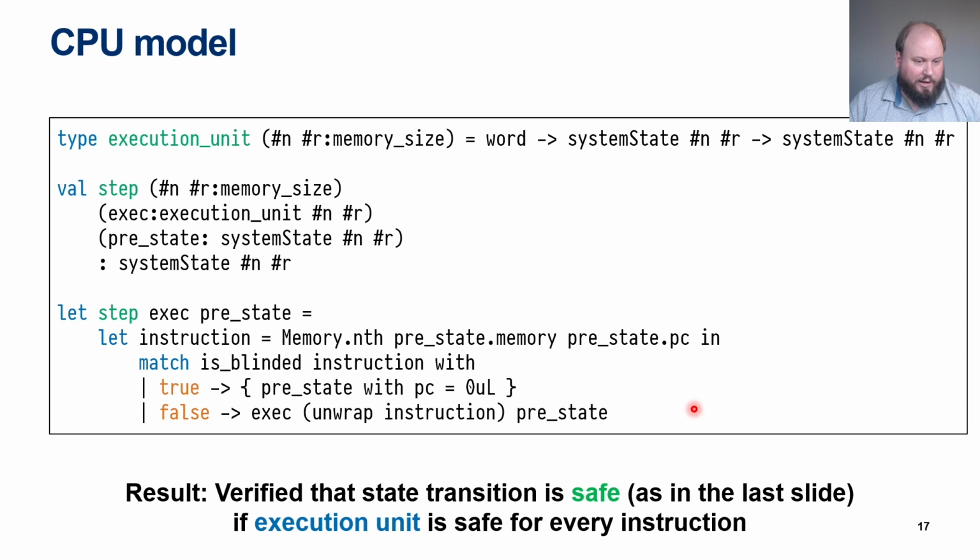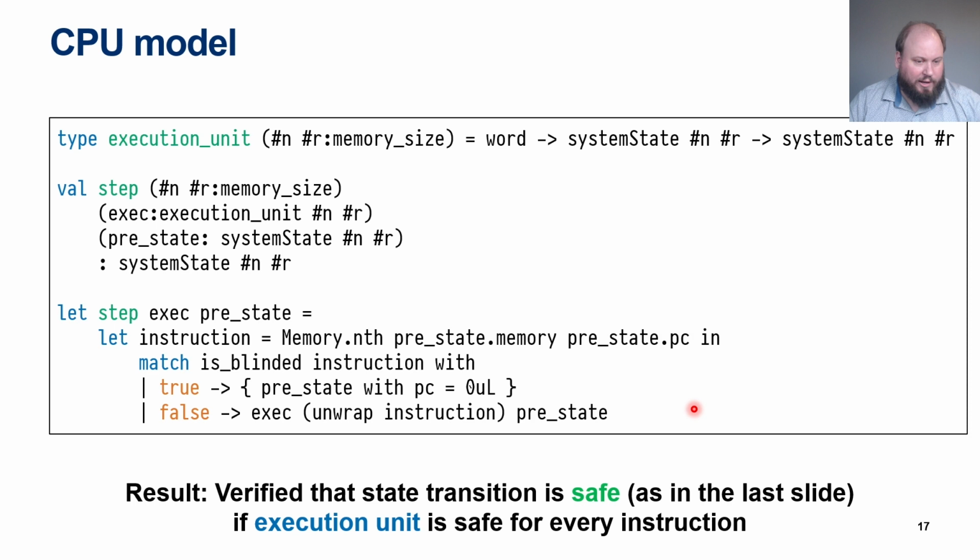And we were able to verify that if these instruction semantics are safe, in the sense that we'll see in the next slide, then the resulting execution unit is safe, and then this means that the machine is safe. So what does it mean for instruction semantics to be safe?